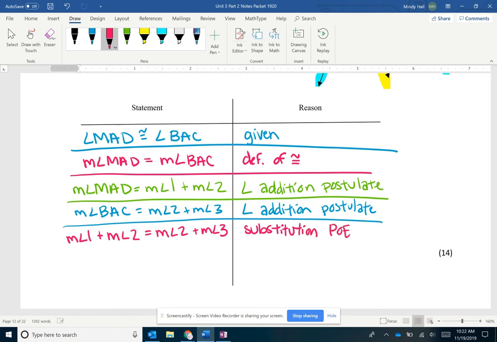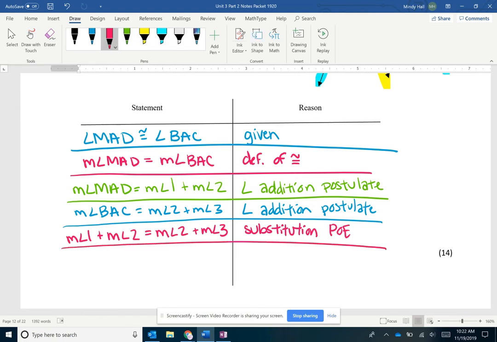Because again, I am substituting in this value up here and this value up here. I'm taking these values and just plugging them in so they're equal to each other. Okay, so we have substitution property of equality.